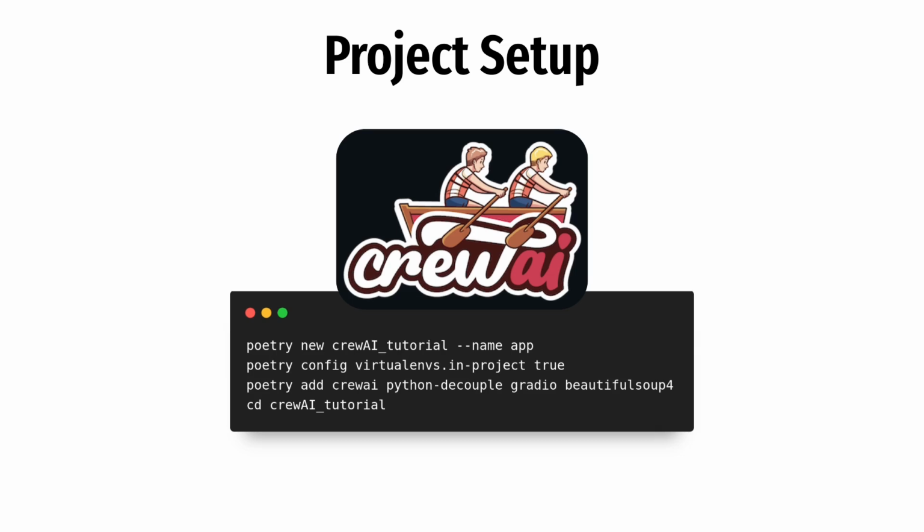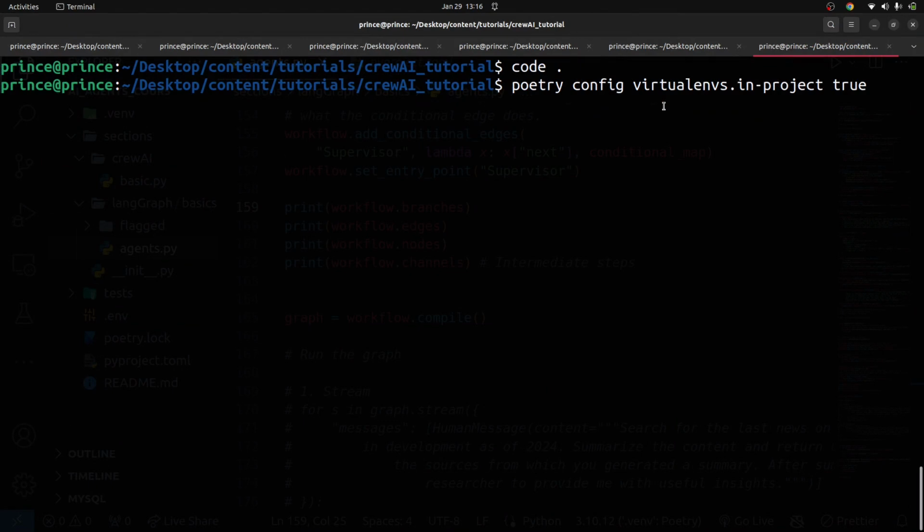Okay, so once we have it done, now you're going to install a couple of things. You're going to install CrewAI, Python decouple, Gradio, and Beautiful Soup. So let me add that in there. I'm going to say poetry add crewai, beautifulsoup4, python-decouple.